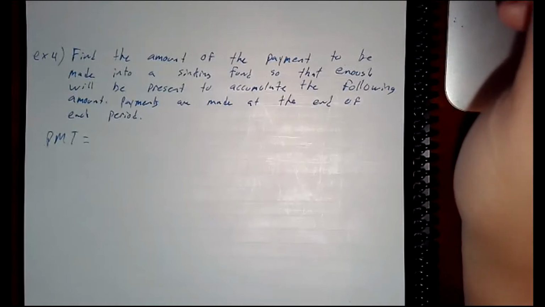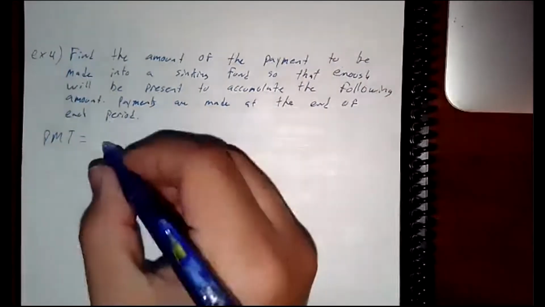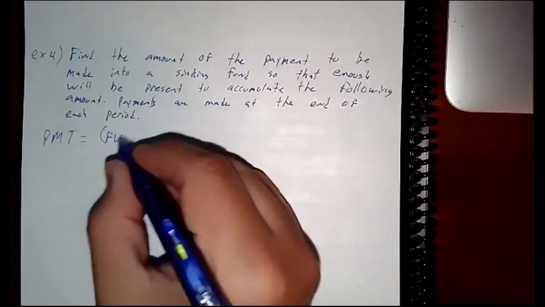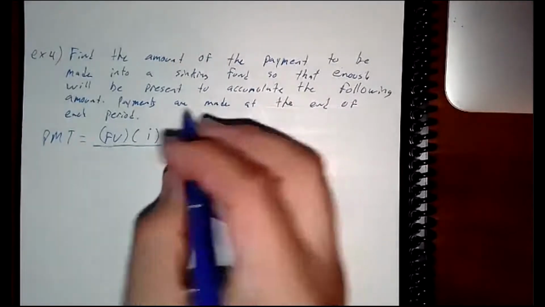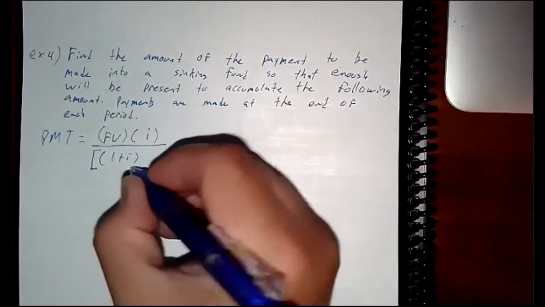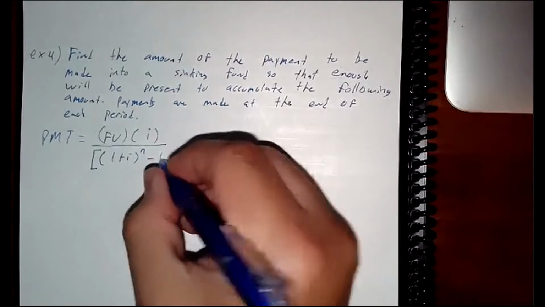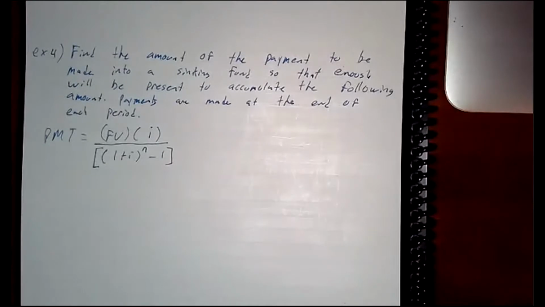Okay, thank you. The payment formula is F times I over (1 plus I) to the n, minus 1. So we need all that other information.